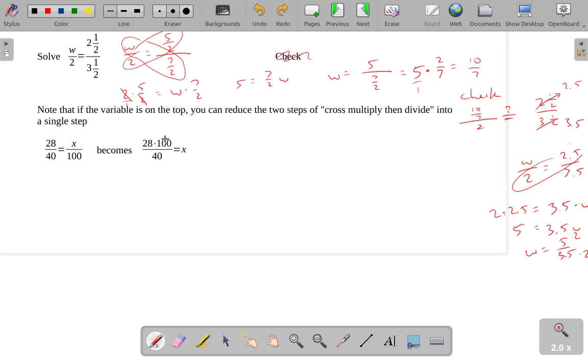We're always taking a product of two of the numbers divided by another of the numbers. In this particular case, this x is already on the top part of the fraction, so all I would have to do is multiply both sides of this equation by 100. And we end up getting 100 times 28 over 40. You can see that's what I wrote right there.